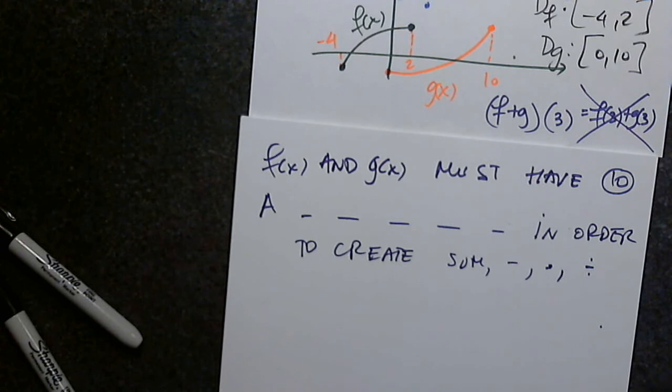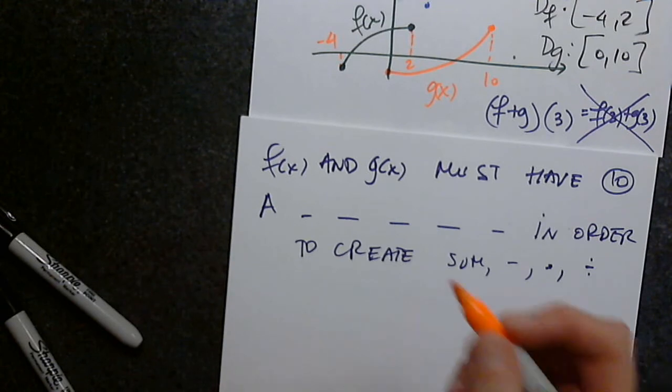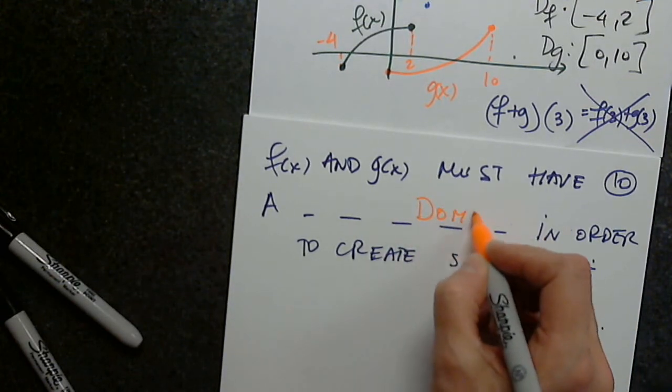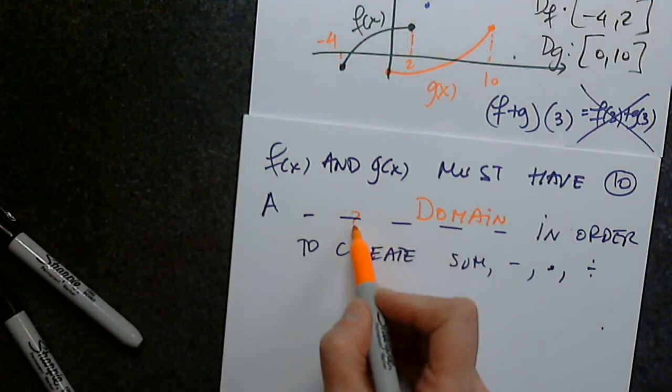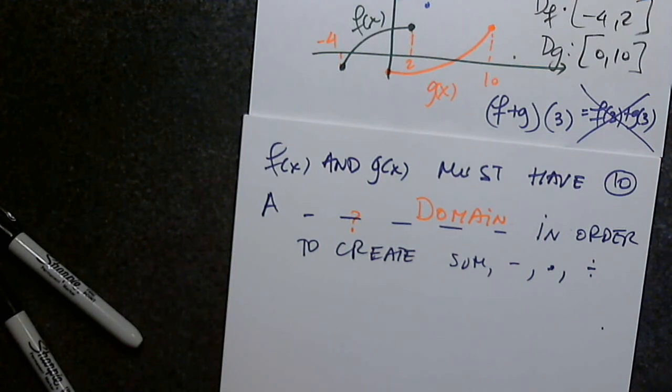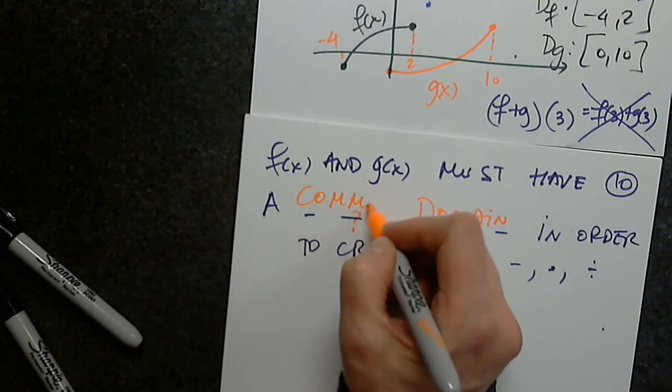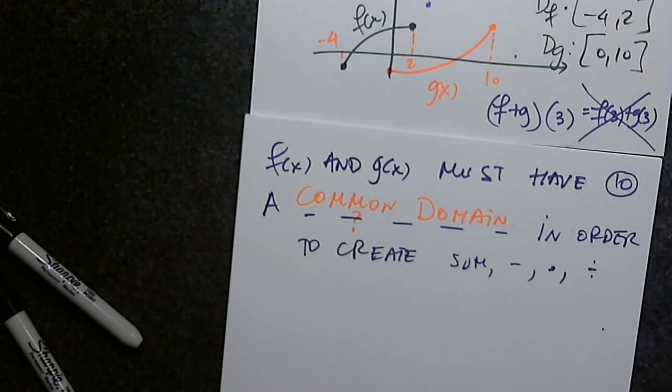What do they have to have? Common. If they do not have a common domain, if you cannot evaluate both for the same value, you cannot create the sum, the difference, product, and ratio.